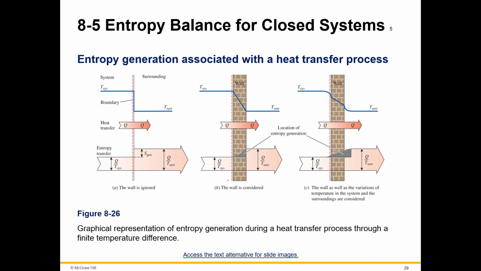You can think of it as very small, so we're just going to ignore it. It's negligible, right? Here, the wall is considered. Well, we know that we'll have a little bit, so we'll consider it. And then here, the wall, as well as the variations of temperature in the system, are considered. So the system and its surroundings, right?